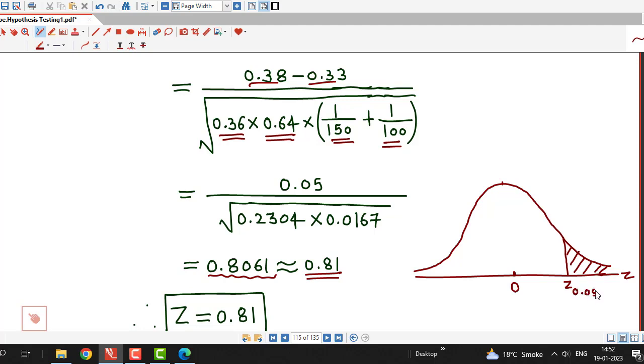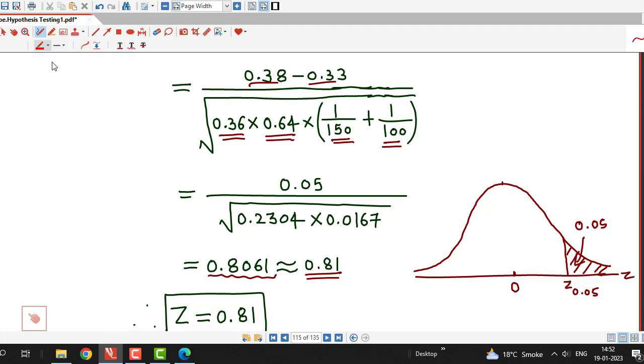Therefore this point is denoted by Z suffix 0.05, and this area is 0.05. So we can use cumulative probability table for normal distribution to decide this value of Z.